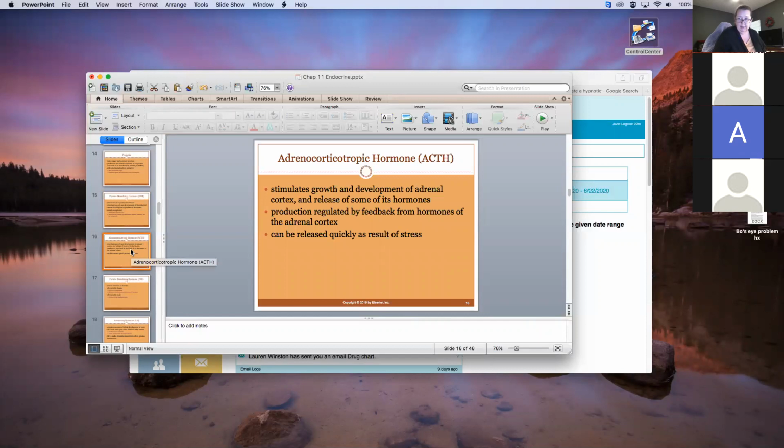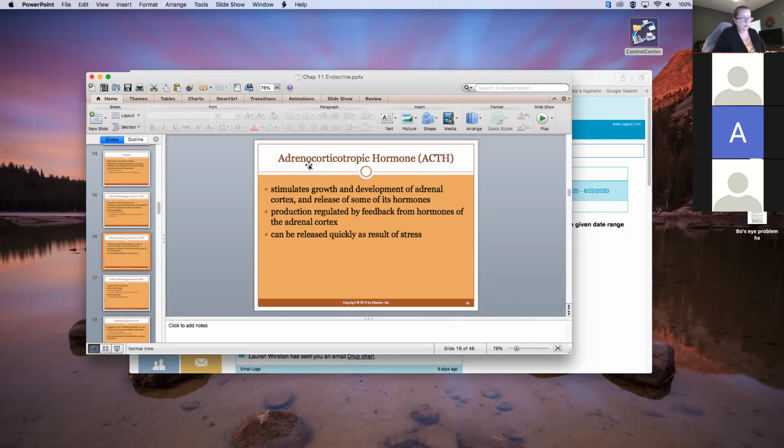ACTH, which in the name it tells you, I believe I told you in the first week in anatomy how important terminology would be to you and learning how to break a word down, because sometimes if you don't necessarily understand the word, maybe you were sleeping the day I talked about this, and you're just like, that's a big word, I don't know what she's talking about.